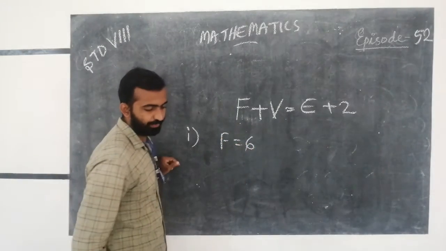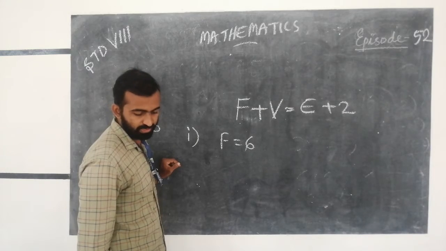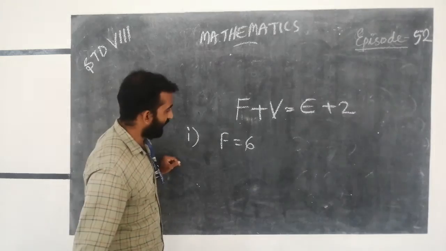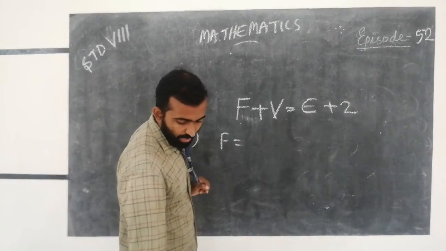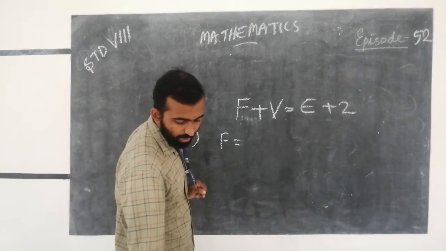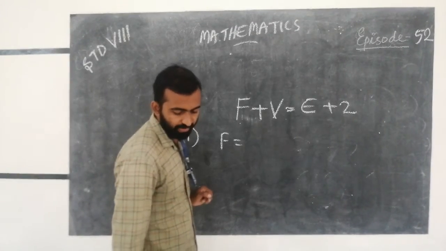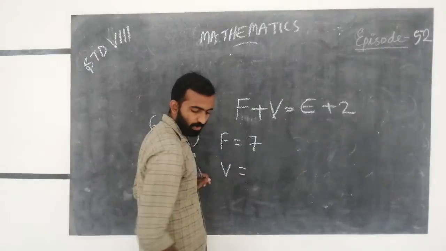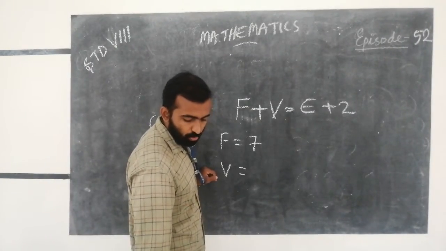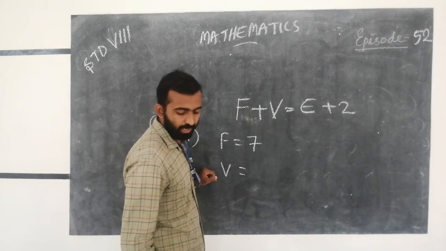F equals 6. Sorry, 7. That is 1, 2, 3, 4, 5, 6, 7. 7 faces. Vertices are 1, 2, 3, 4, 5, 6, 7, 8, 9, 10.